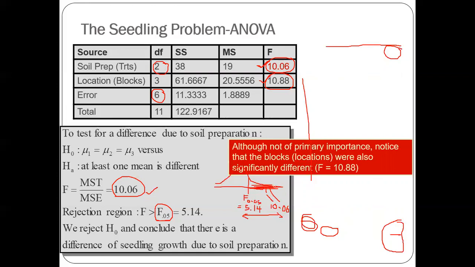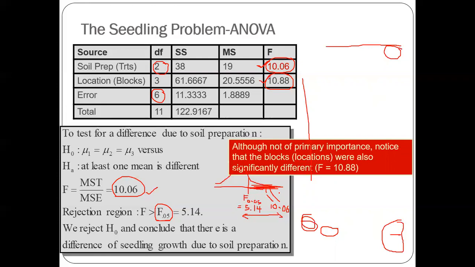So because in this situation both F statistic values for treatment and blocks fall in the rejection region, we can only conclude once. That means we reject the null hypothesis and conclude that there is a difference of seedling growth due to soil preparation.